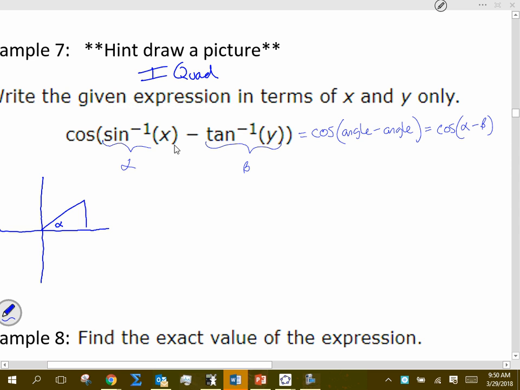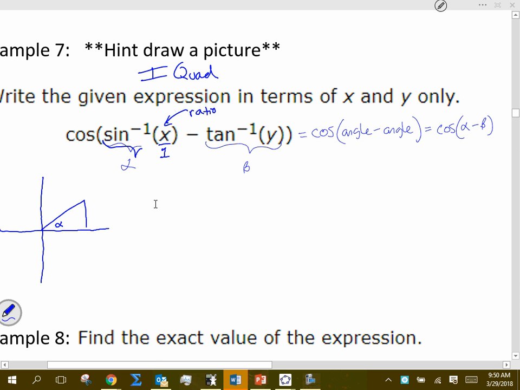Okay? Remember, this here is an angle. But the input here, this x, is our ratio, right? When we say ratio, that's the comparison of two things through division. So what's the denominator here?